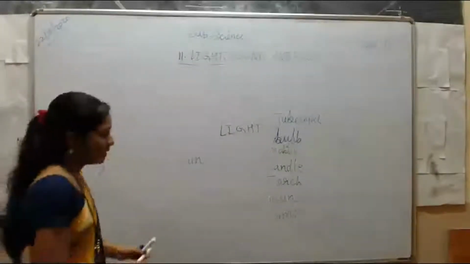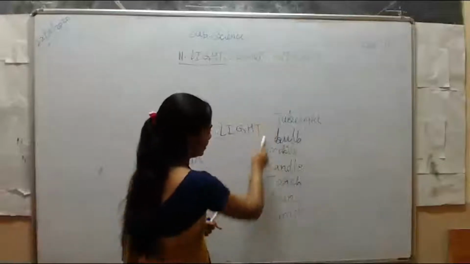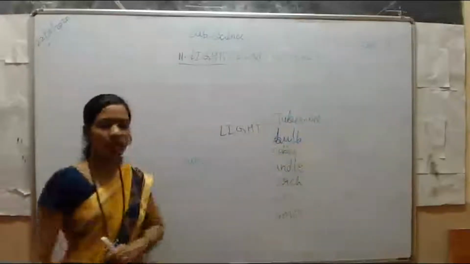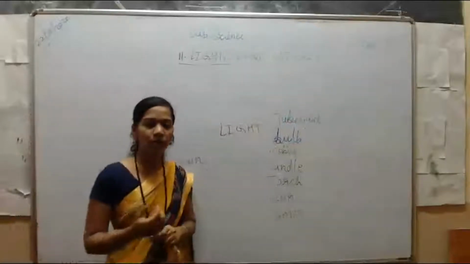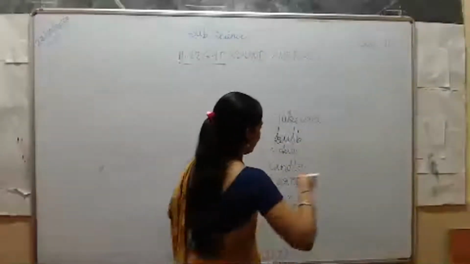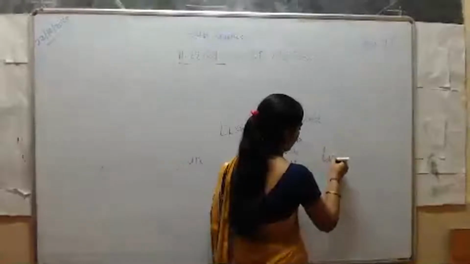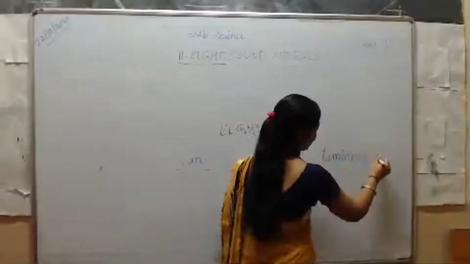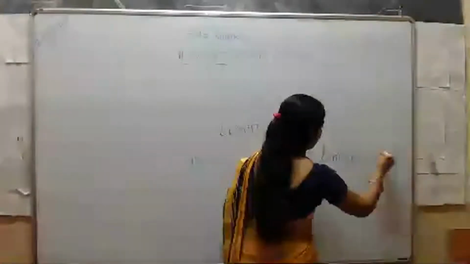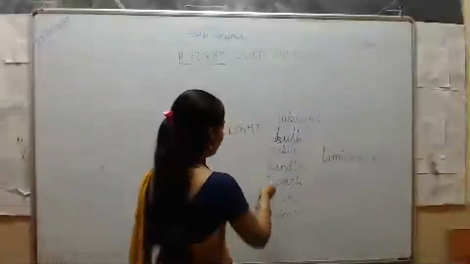The things which give out light are called luminous objects. See, these things are there, no?